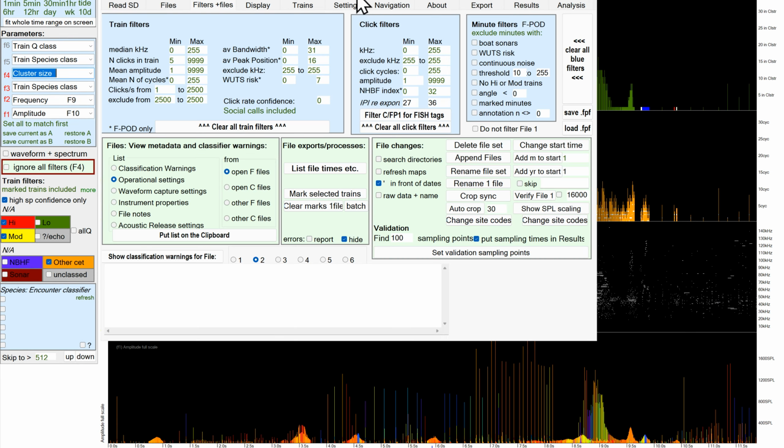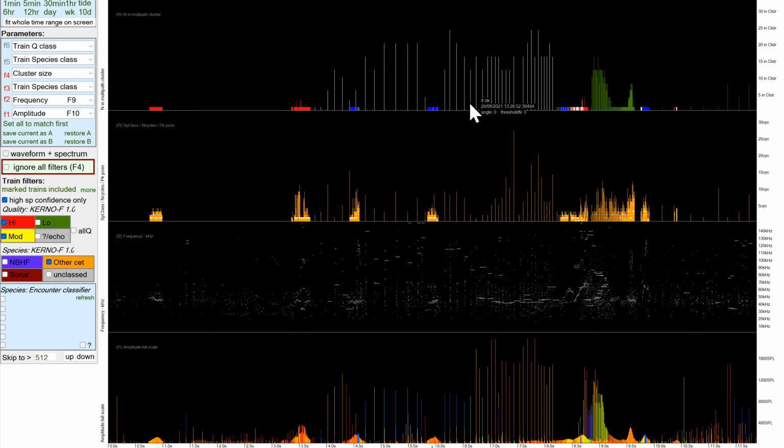So now we're looking at dolphin click trains. I've picked this particular view because here in the FP1 file, looking at frequency, you're seeing a lot of structure. There's lines going through.